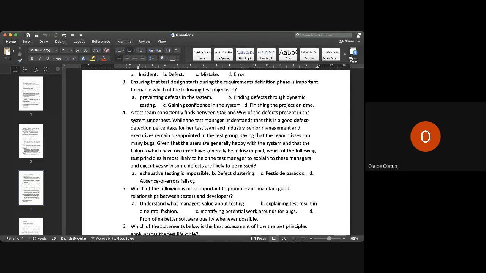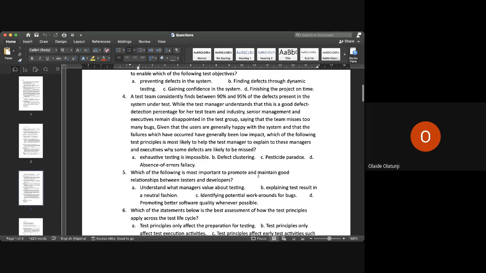Given that the users are generally happy with the system and that the failures which have occurred have generally been low impact, which of the following test principles is most likely to help the test manager explain to these managers and executives why some defects are likely to be missed? So, what did you pick? Exhaustive testing is impossible. Yeah, correct.